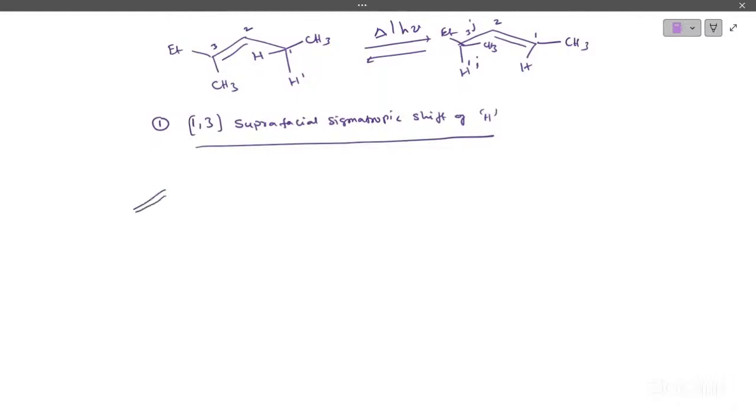Same molecule, you can take it. That is hydrogen, the methyl, hydrogen, and ethyl, and methyl, which I'm converting into an orbital structure.